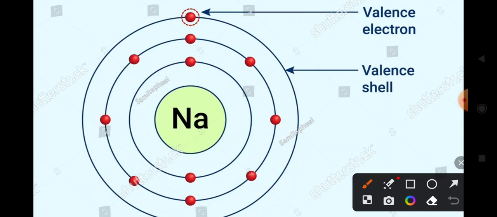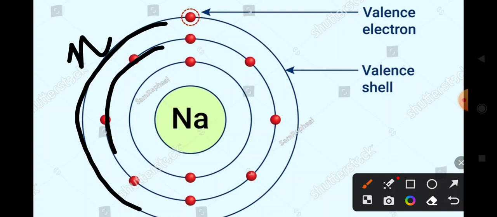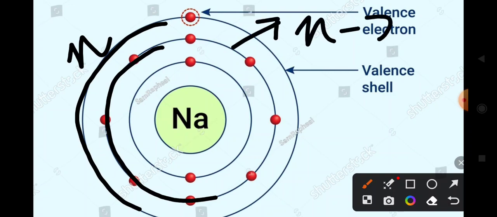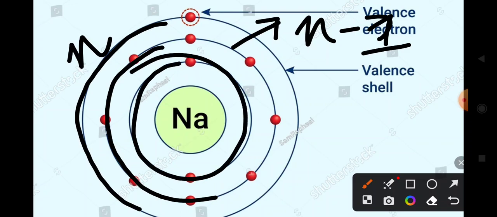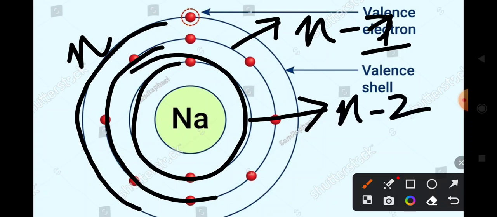You know that this is the ultimate shell, and it is represented with N. The shell just before the ultimate shell is known as the penultimate shell, and it is represented with N minus 1. This is known as the anti-penultimate shell, and it is represented with N minus 2.